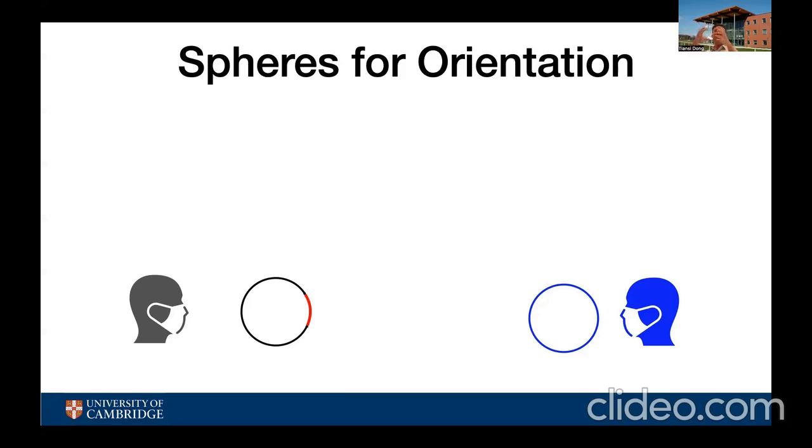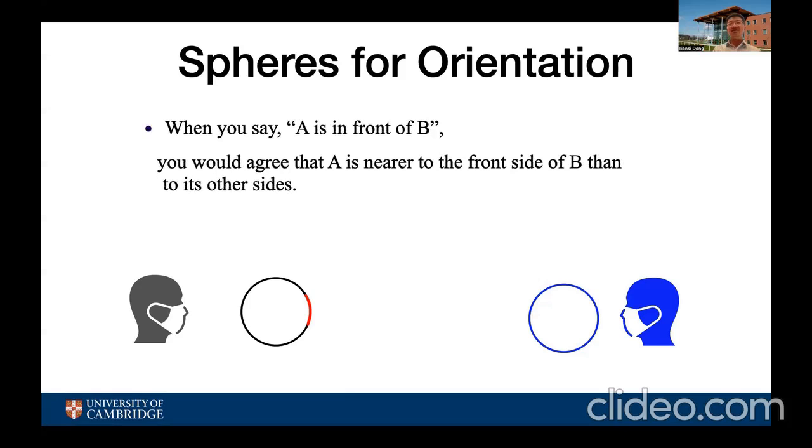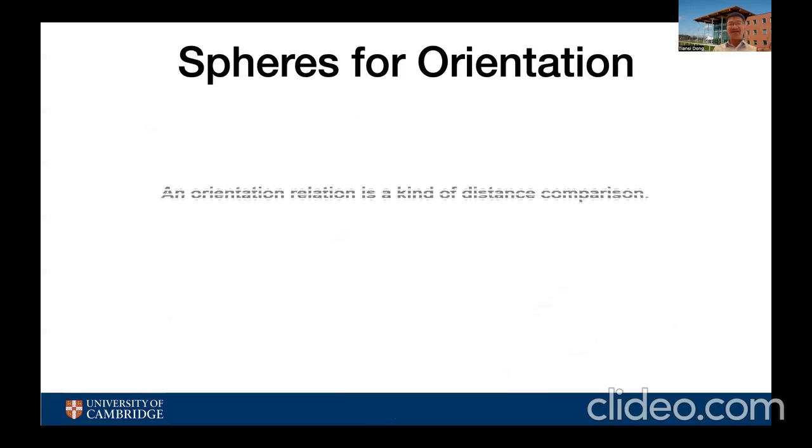So a sphere has parts. One part is named front. It is a distance comparison between parts of the object. We need to check whether this is correct. This means orientation is a kind of distance comparison.